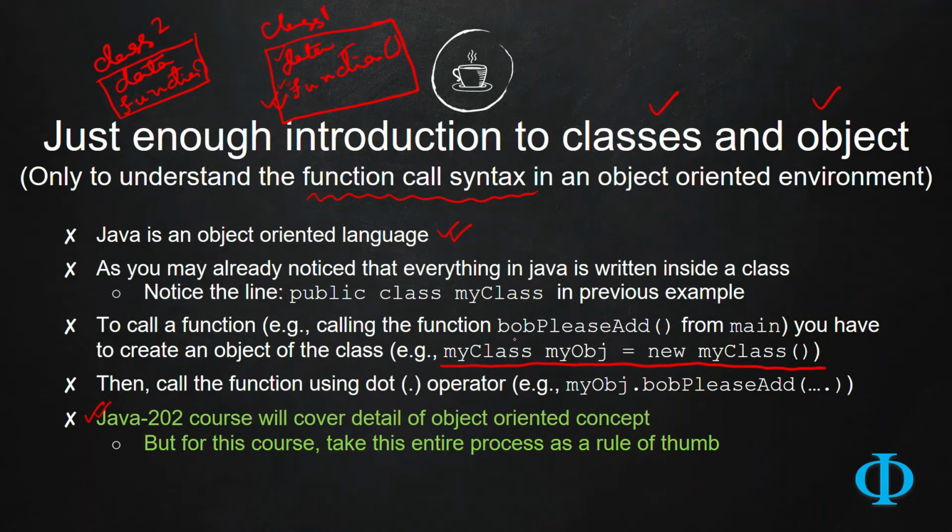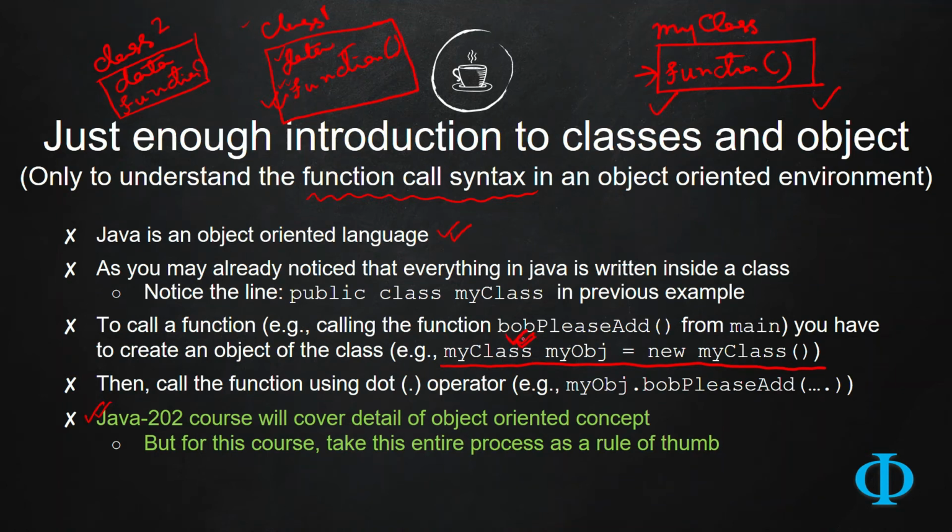Let's say, instead of class 1 and class 2, I have a class called MyClass, and inside it I have some functions defined, and from some other place I want to call this function in an object-oriented fashion.